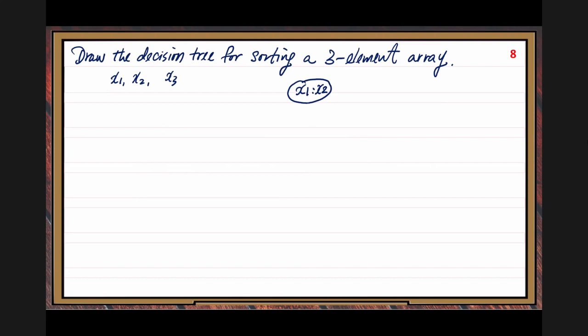So we should have 2 results. Left, x1 less than or equal to x2. Right, x1 greater than x2. If x1 less than x2, what's the next comparison you'd like to do?